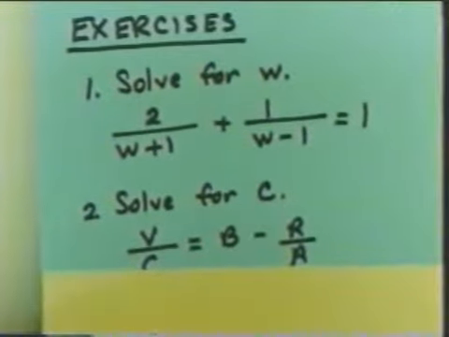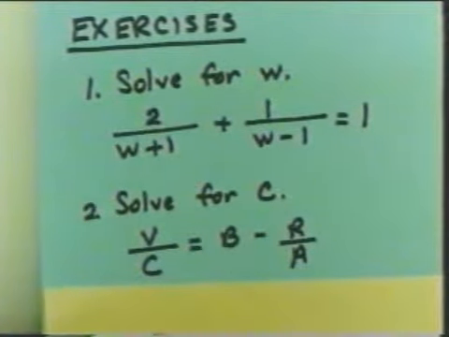Second, solve for c. v over c equals b subtract r over a. After you have them copied, stop the tape, work the exercises, and then restart the tape to check your answers.